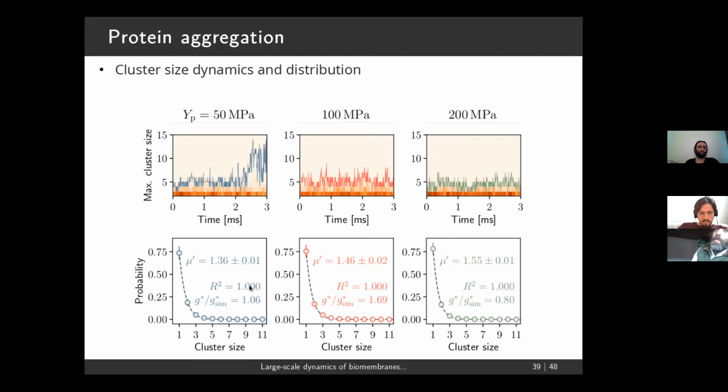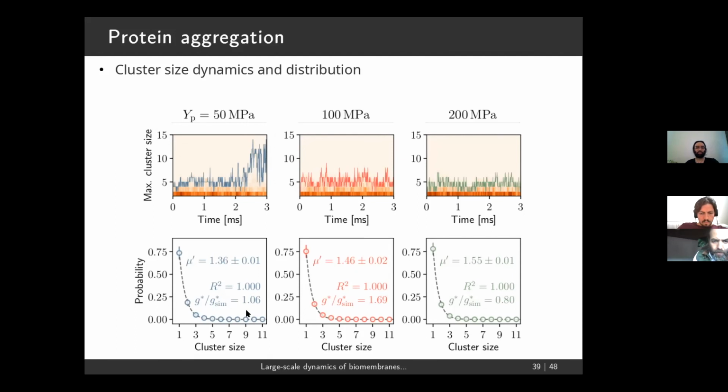In the long run, some of the particles are removed from the rest and join just one island. This G star parameter is the fraction of particles that contribute to this large cluster, and it also matches the maximum cluster size that we observed in the simulation very well.